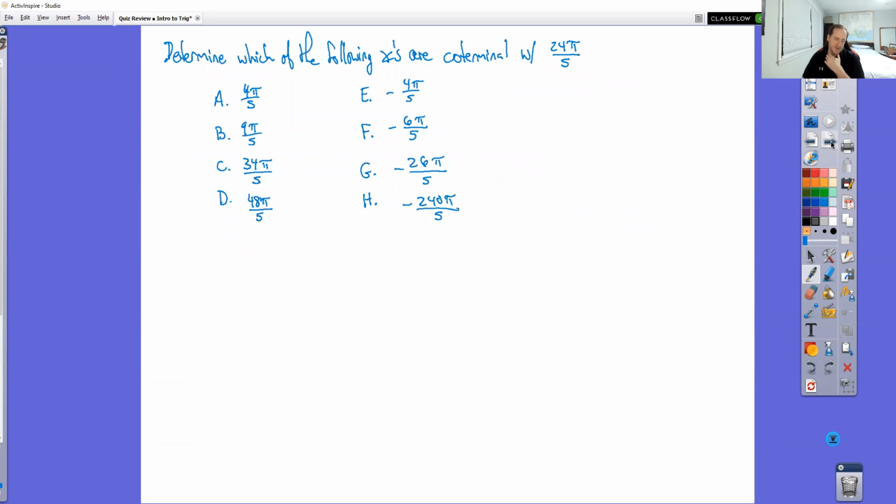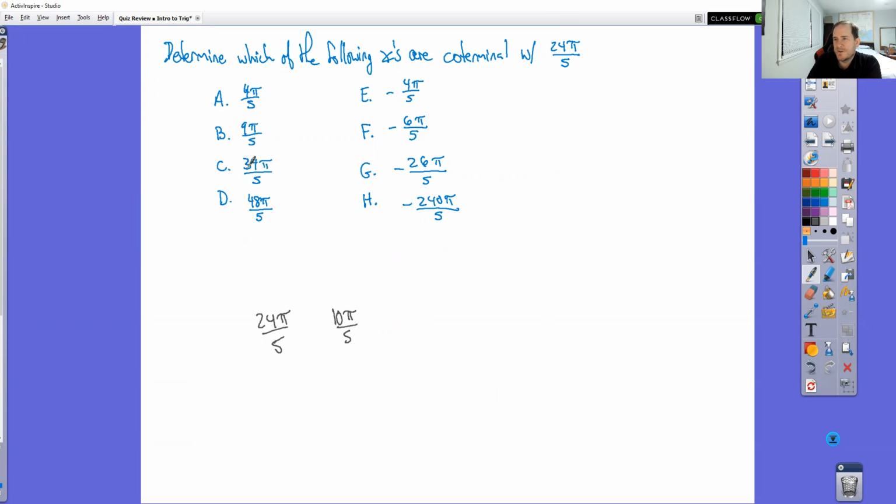I wonder how I would do the exact same thing, but in radians. Well, 360 is 2 pi. If you're working with pi over 5, then 2 pi is 10 pi over 5. So take your 24 pi over 5 and add this on or subtract it away.